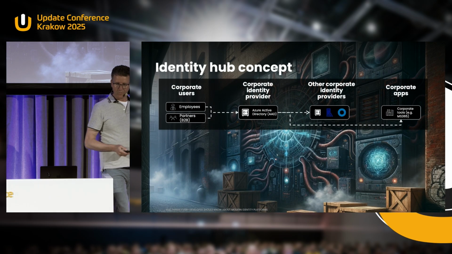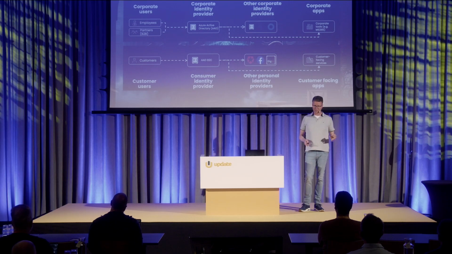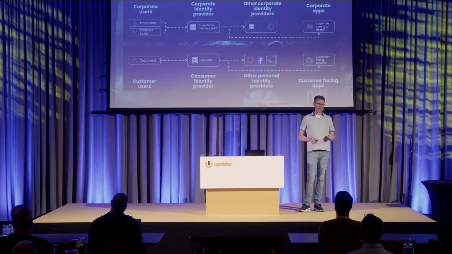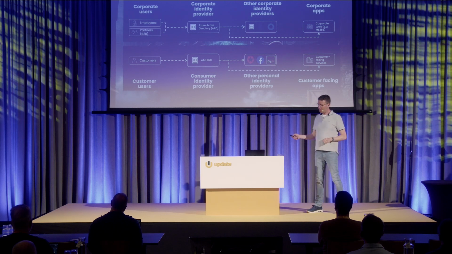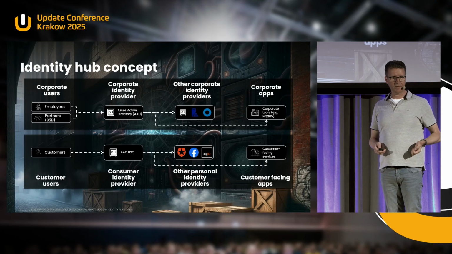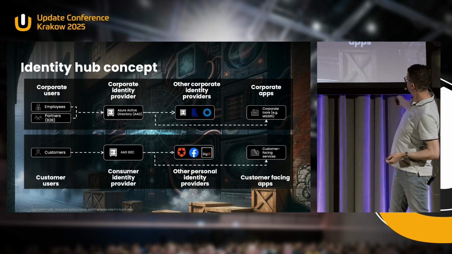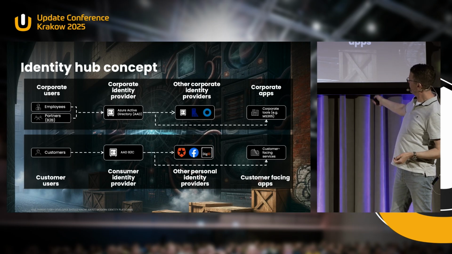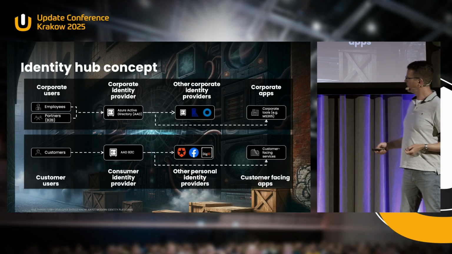All right, so what you saw happening here was something called the Identity Hub concept. It means the upper flow is everything corporate: your corporate IDP doing federation with partners, whatever, any kind of IDP that your corporation wants to federate with. And then your consumer-facing app will have all these consumer-facing IDPs, government, social, whatever you please.